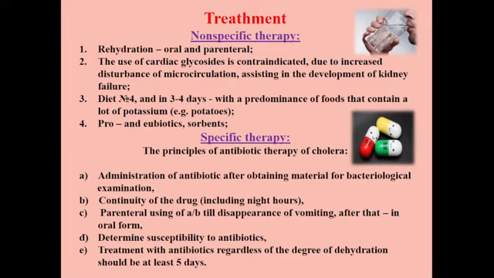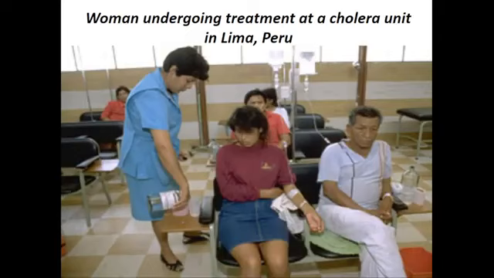Treatment with antibiotics, regardless of the degree of dehydration, should last at least 5 days. So this is how people are treated: in Peru there was an outbreak, and they are just sitting and getting intravenous infusion.